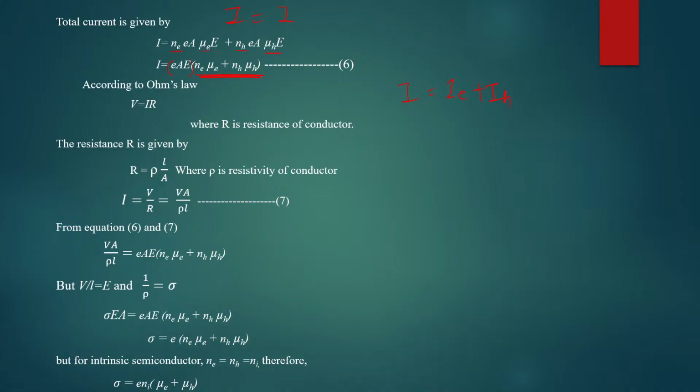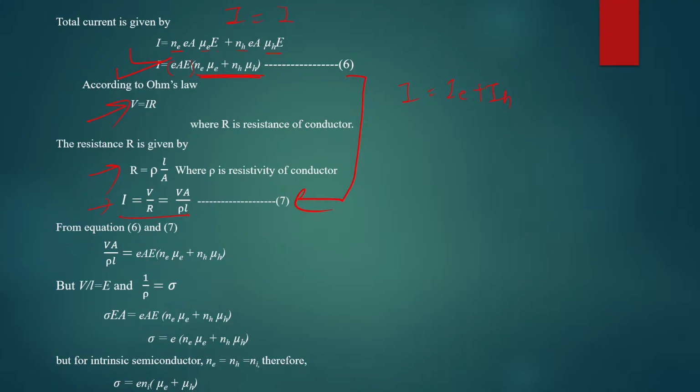Only do these things, and after that we again find the current. After finding the current, you have to apply Ohm's law again. Then you know that R is equal to rho L by A. Again finding I, this is I and this is I, equation number 6 and equation number 7, you have to equate again.